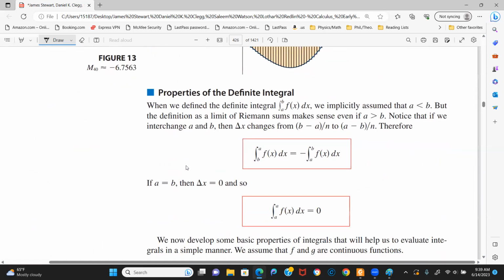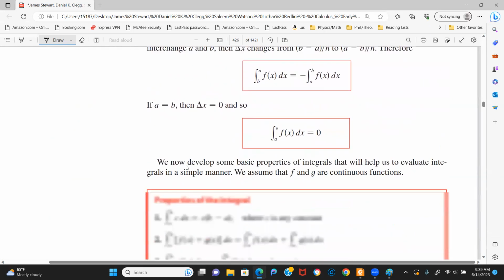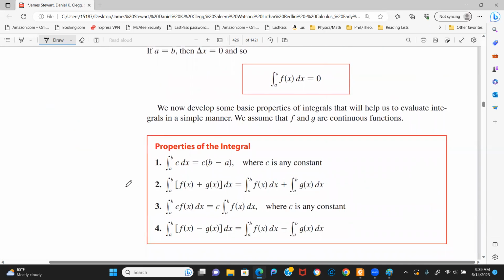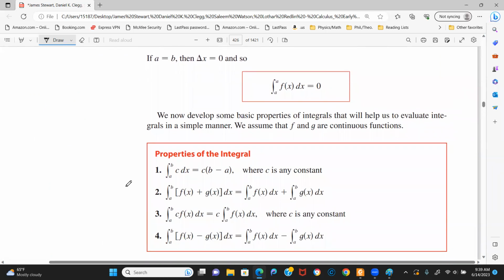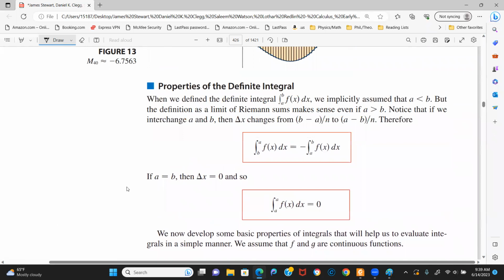All right, so here's where we get to some properties of integrals that are going to be really useful. The first one, they didn't put it in this box here, but when we're defining this integral right here, we're actually assuming that a is less than b, because we're talking about a function on the interval a, b, and we're going to integrate the function over there.